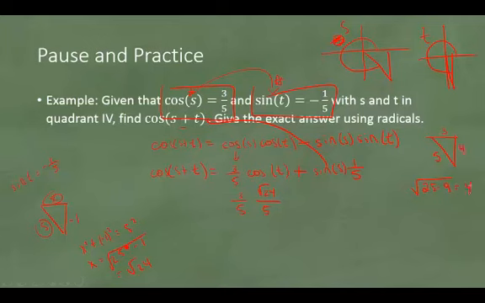So sine of s is 4 over 5. Times 1/5. So this is 3 square roots of 24 plus 4 over 25.